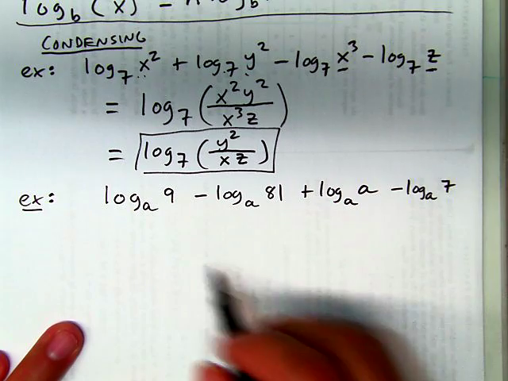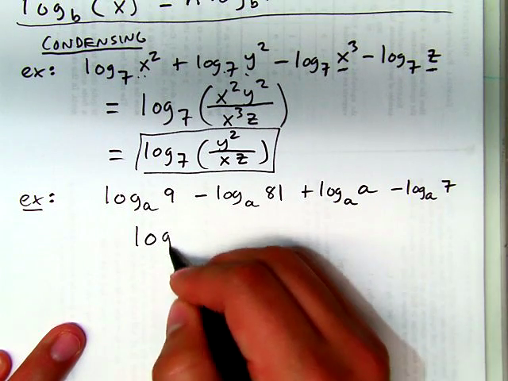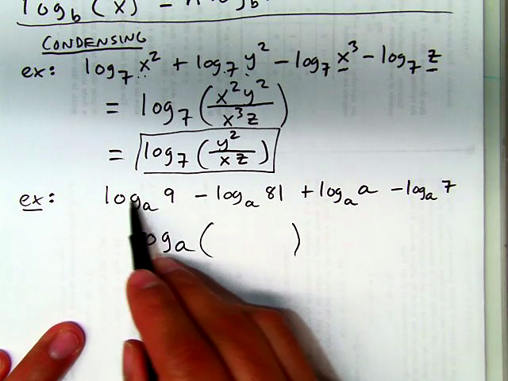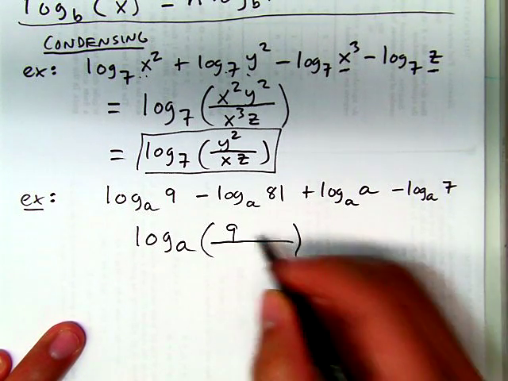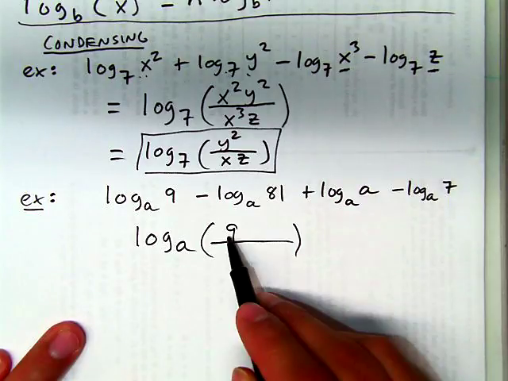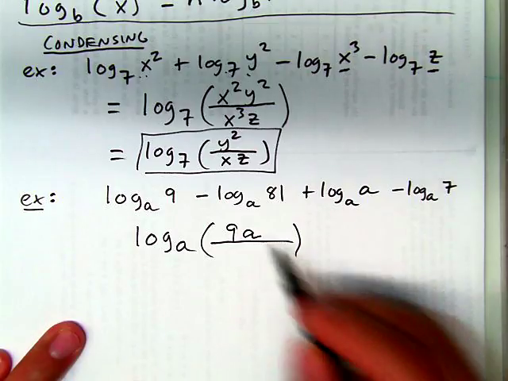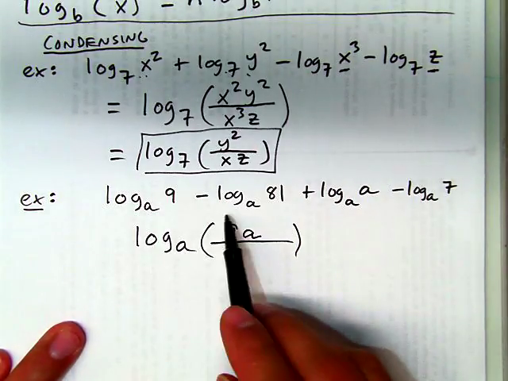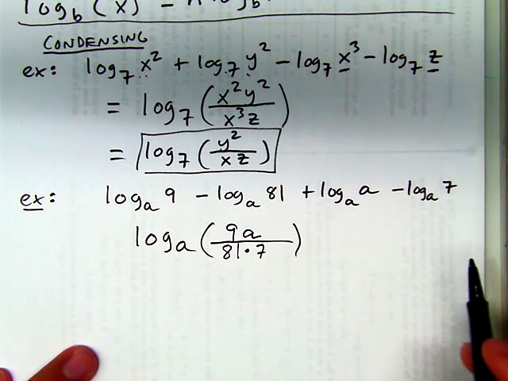Okay, so again we have several logs here. If we're going to make them into one, it's going to be log base a. The 9 came from a positive log, so that goes in the numerator. This a also came from a positive log. And then now we also have two negative logs, so those are going to go to the denominator, 81 and 7.